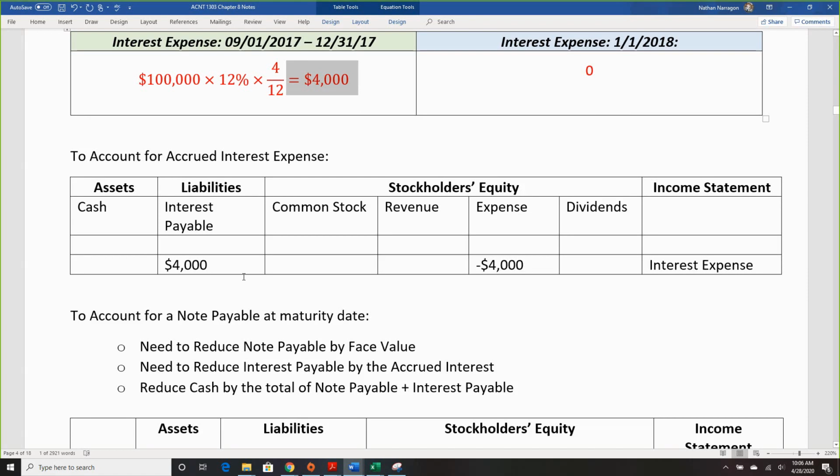We have to pay it, but we just haven't paid it yet. And then we're going to hit expense, those $4,000. Okay? So this is December 31st that this tabular is doing, because again, we're paying it in the next period. So we don't have any interest since it's the next day. But whenever we have the expense, it will be under interest, because it's all about interest. That's what notes love.